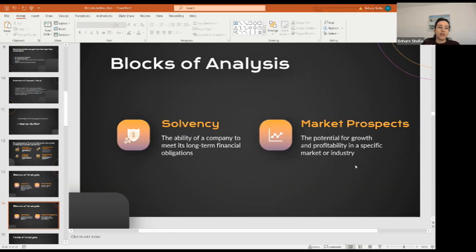For example, the company can settle that the profitability for the next 5 years needs to be increased by this percentage in order for us to be able to gain a specific market or expand on a specific industry.